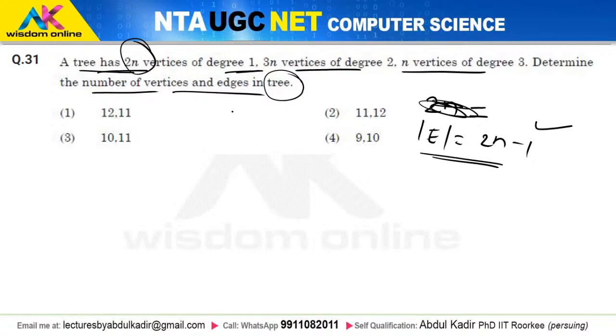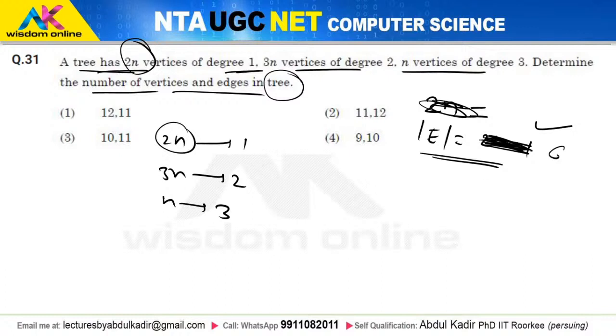Okay, now you can apply the handshaking lemma. In this question, 2n vertices are of degree 1, 3n vertices are of degree 2, n vertices are of degree 3. So total how many vertices you have? 2n plus 3n plus n.